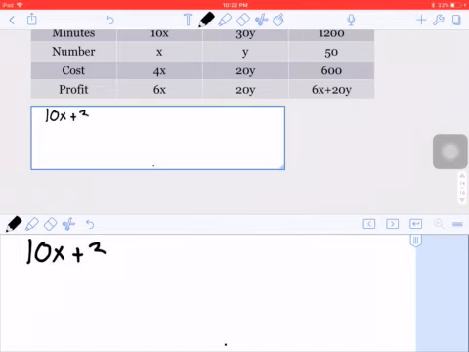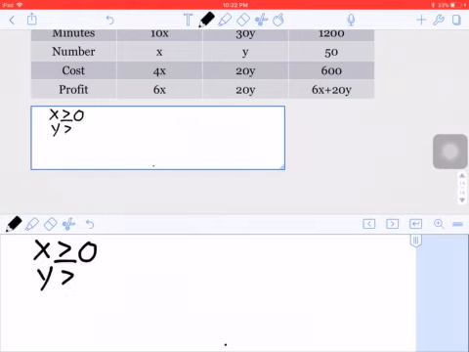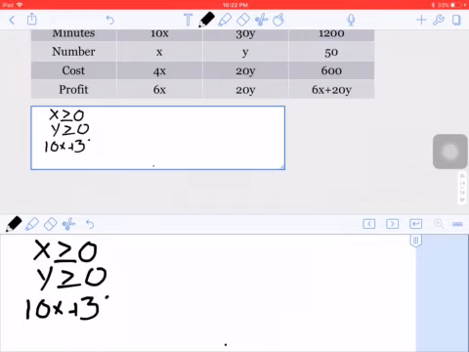Our first one should be, of course, because we can't have negative t-shirts or negative sweatshirts, x should be greater than or equal to 0, and y should be greater than or equal to 0. Always include that. Then we'll say 10x plus 30y is going to be less than or equal to 1,200.